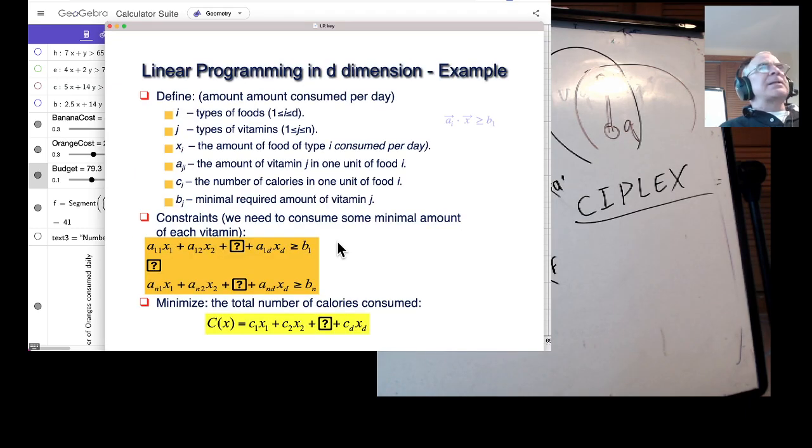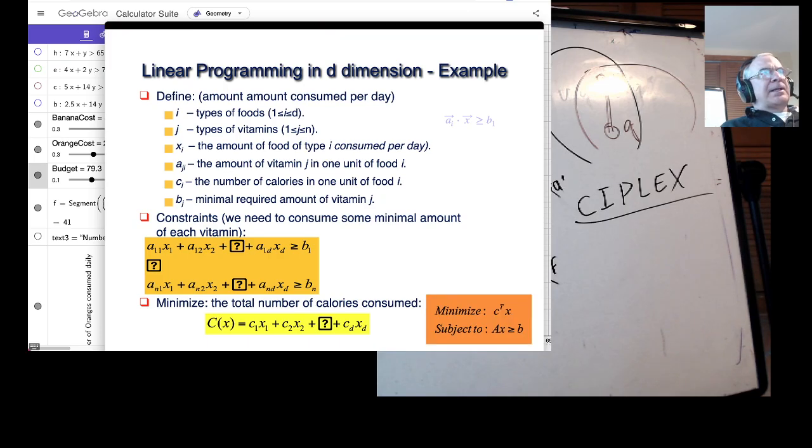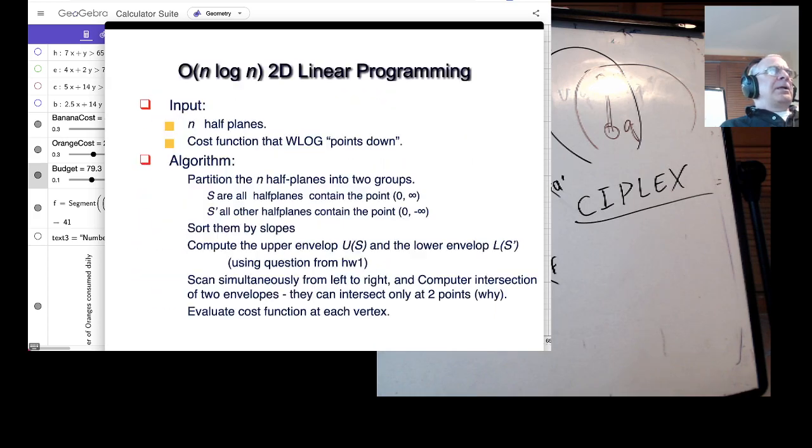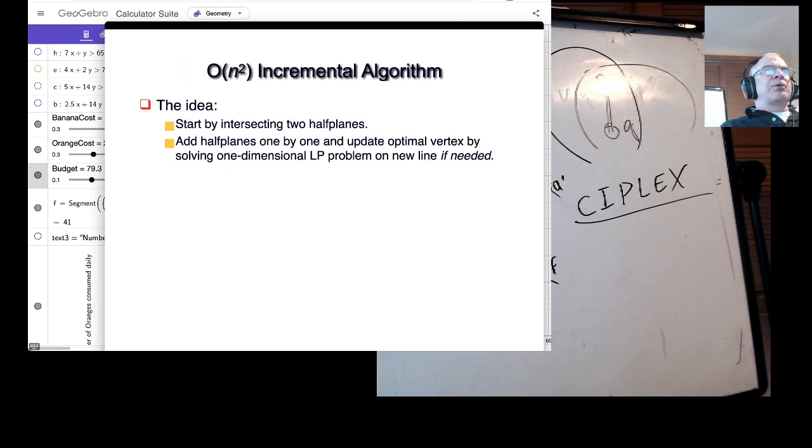What we are going to cover in the next class is, after we talk about linear programming in higher dimensions, which I want to do because the vector notation will become very useful, I'm going to start with an algorithm that runs in 2 dimensions only, 2 types of foods. The version that I'll show you will run in n cubed time, constructing all the vertices, and then we'll see how to improve it to linear time, and that's going to be quite surprising.